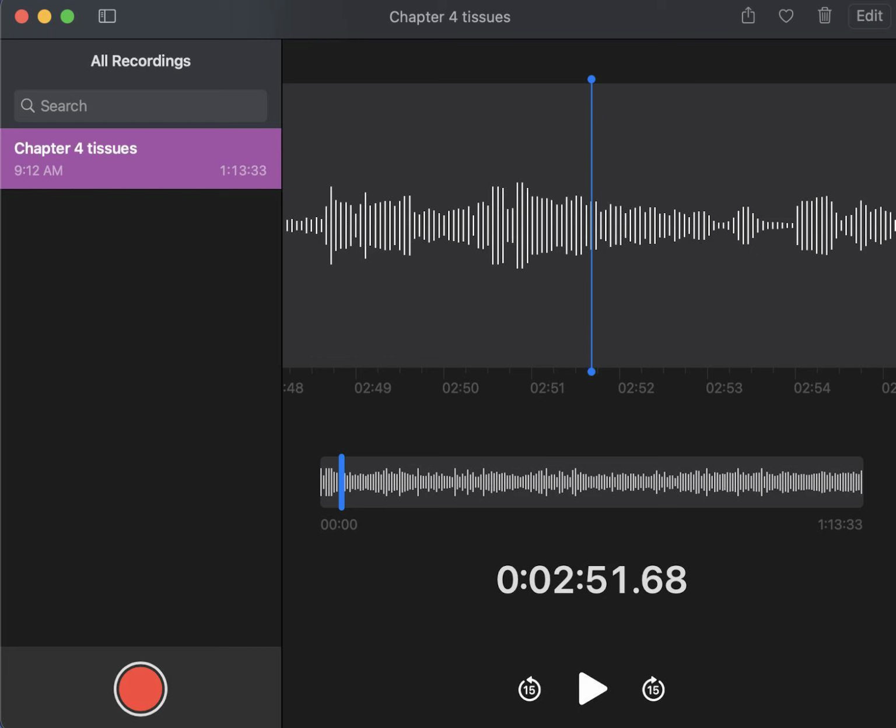Cilia. Absolutely. Remember, cilia are composed of microtubules, and they beat or move in a very coordinated fashion to move things up through the respiratory system.